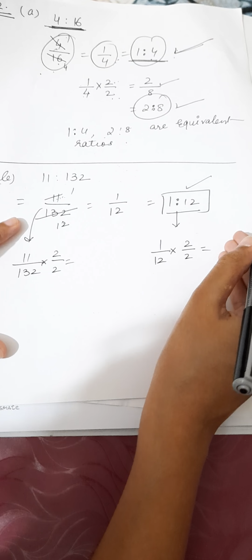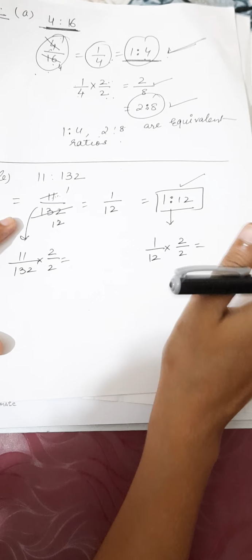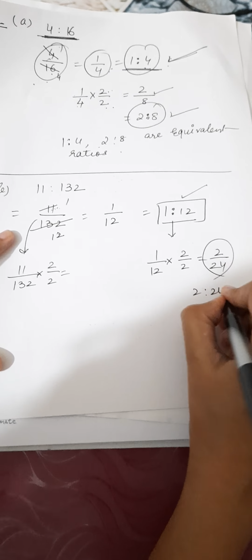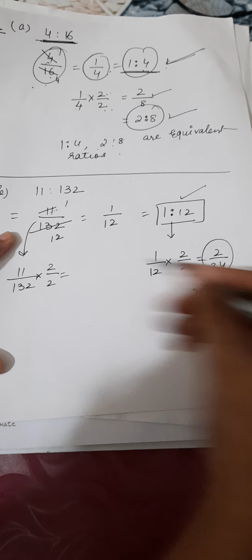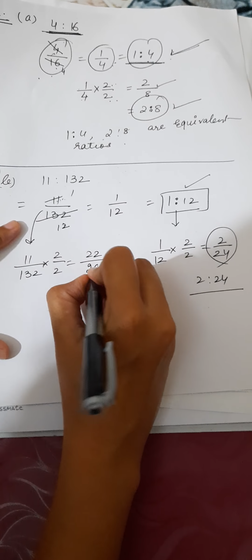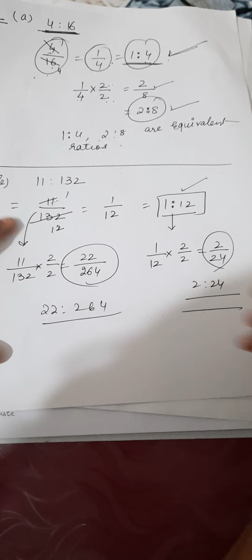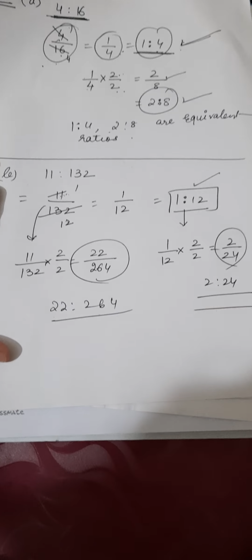Whatever answer comes is going to be my equivalent ratio. So 2 upon 24, and the ratio will be 2:24. Here it will be 264, so the ratio is going to be 22:264. So any infinite number of equivalent ratios I can find.